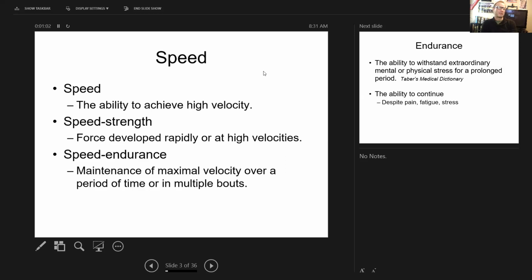And speed endurance is the maintenance of maximal velocity over a period of time or in multiple bouts. So this would also be analogous to a term that we would use, which would be fatigue resistant. And I use fatigue resistant a little bit more in 457, 657, where we go through the ability to sustain a pace over a long period of time.